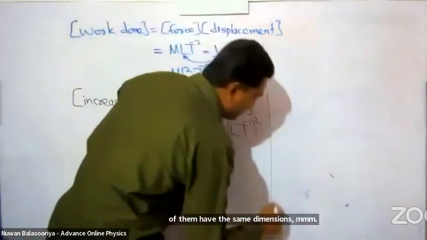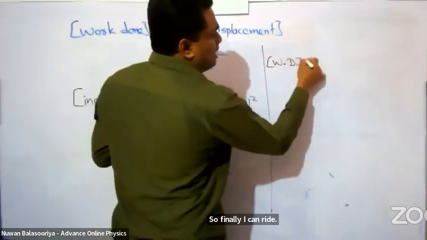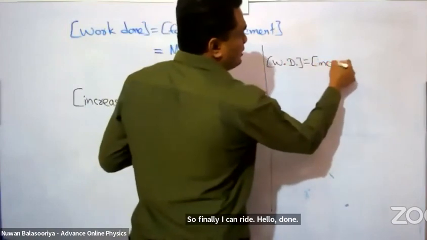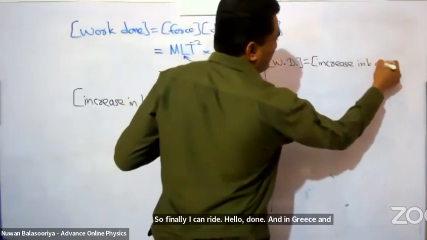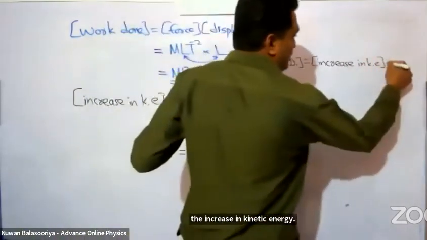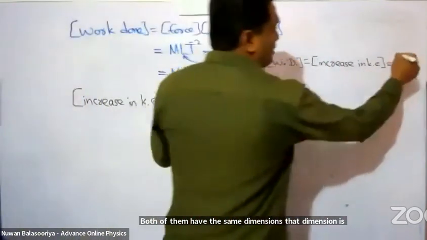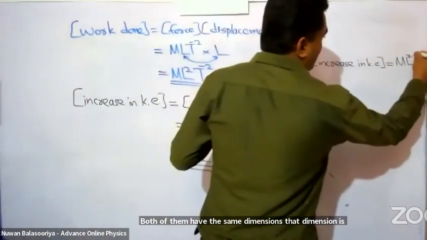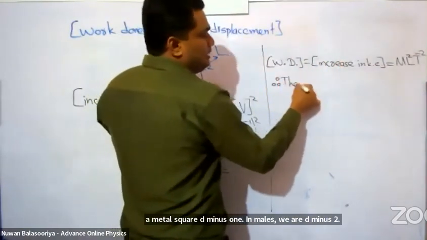So finally I can write: work done and increase in kinetic energy both have the same dimensions, ML square T minus 2.